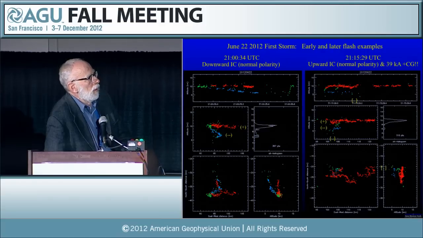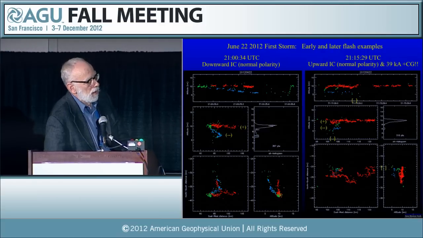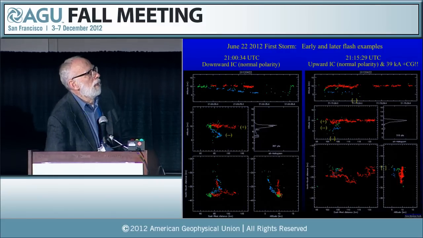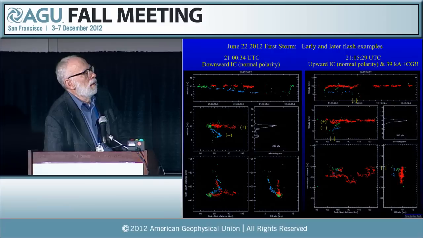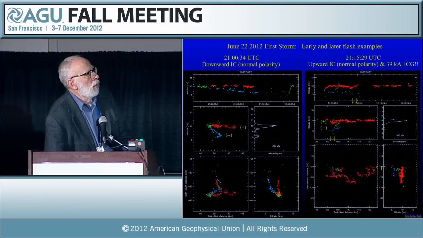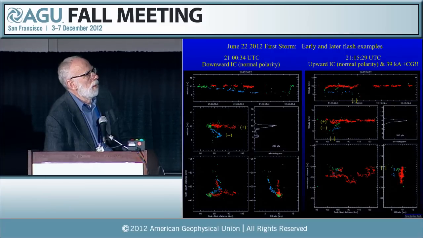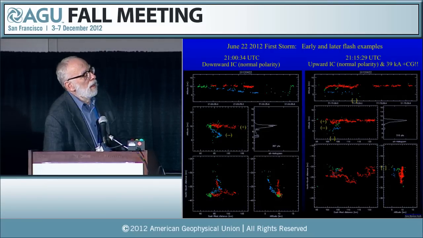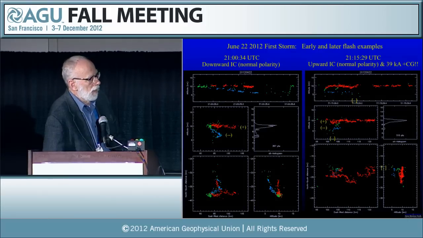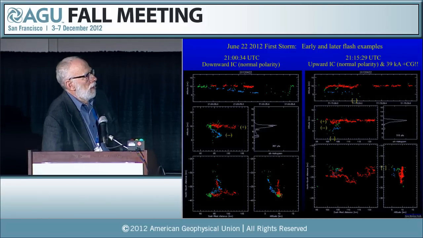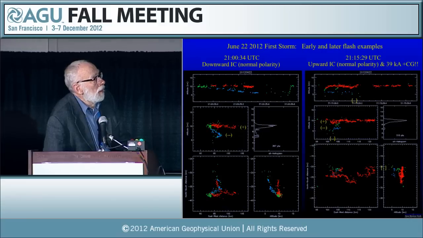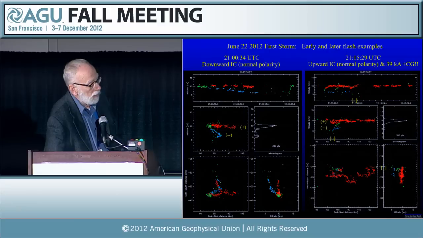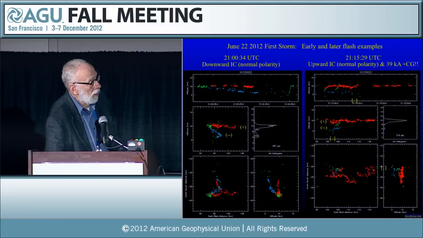But what happened is it produced a positive cloud-to-ground discharge, indicated by the rectangular square brackets in the top right panel. What that's telling us is that the way this storm was different is that the positive charge region was very strong because it overpowered whatever negative charge was below it and produced an energetic 39 kiloamp positive cloud-to-ground. Another discharge occurred shortly after that, which produced a 56 kiloamp peak current.